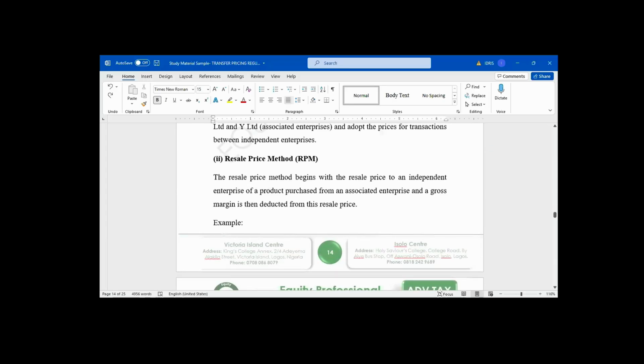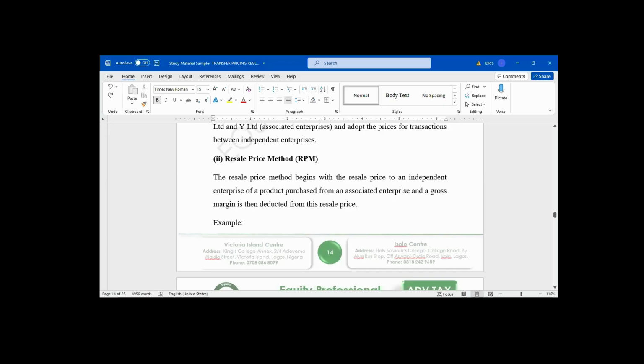Resale price method. Resale price method means when the seller sells a product to an associate enterprise, the price charged is the selling price at which the good is sold to an outsider. A and B are related.